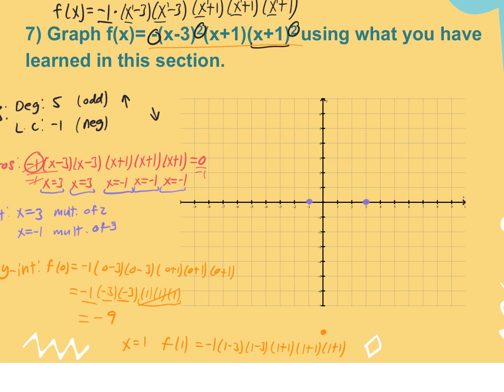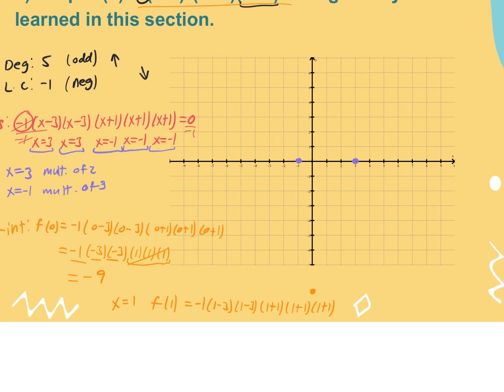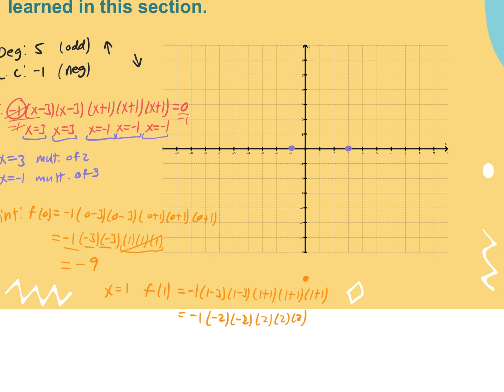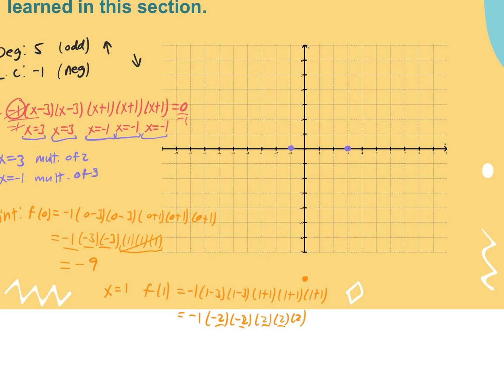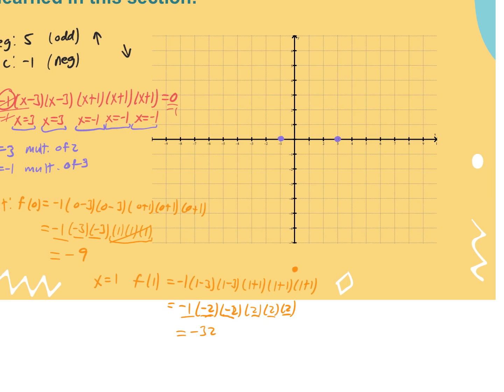It's not going to be any harder. So we can do -1 times -2 times -2 times 2 times 2 times 2. And 2 times 2 times 2 times 2 times 2, 5 times, is going to get us 32. And that 32 we got from doing a negative times a negative, so it's positive, times -1 is going to get us -32. So we know that we're going to go way down there.